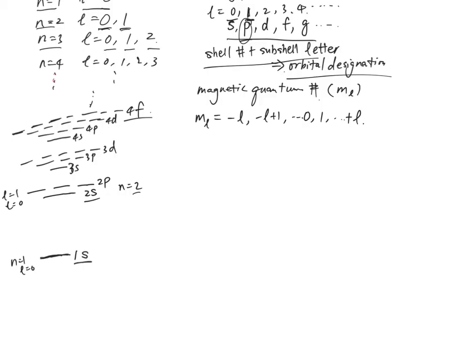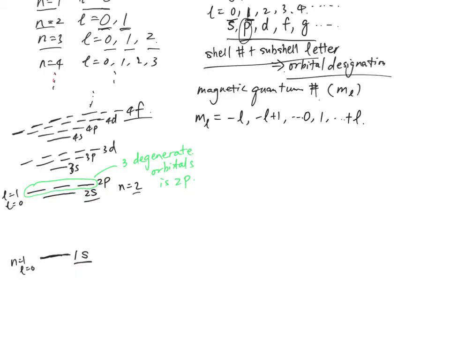For example, you can say there are three degenerate orbitals in 2p.